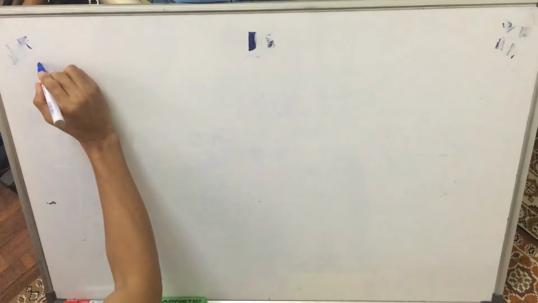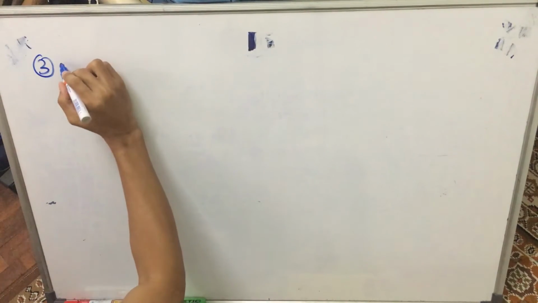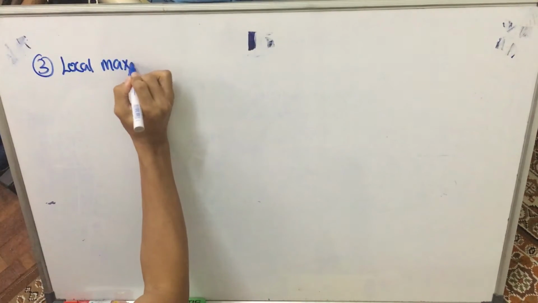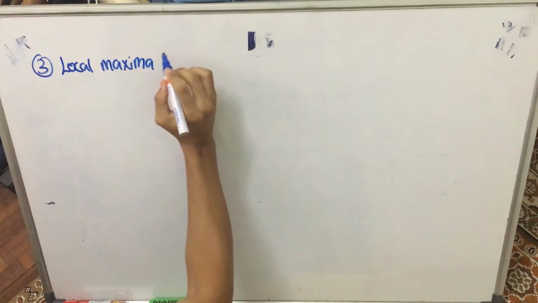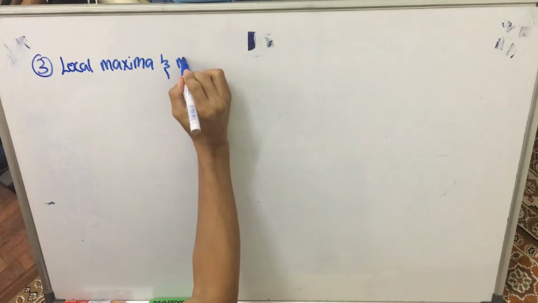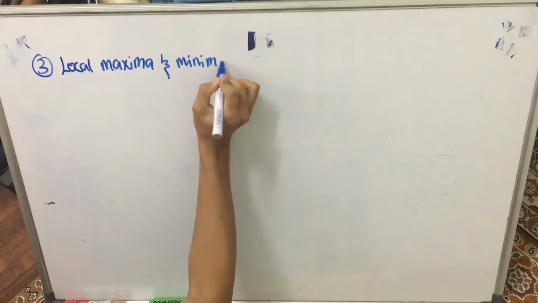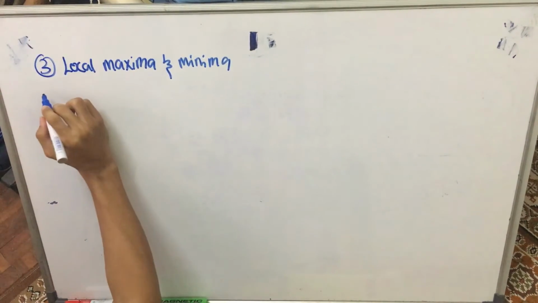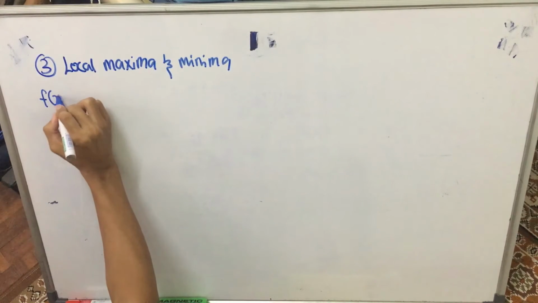The third one is finding the local maxima and minima. First thing we need to do is differentiate the function equation.